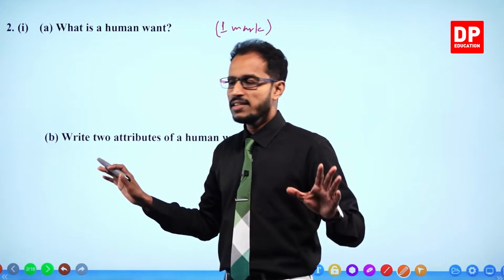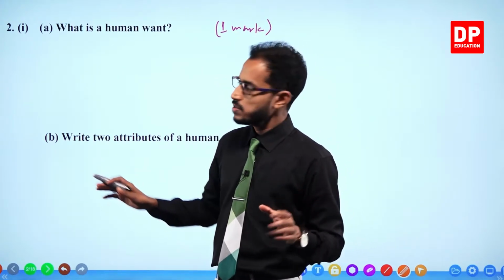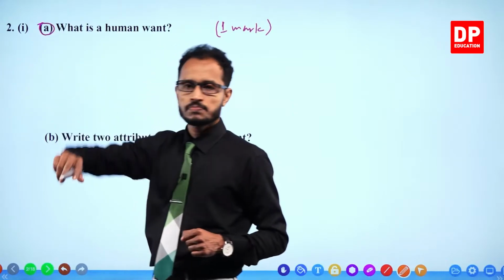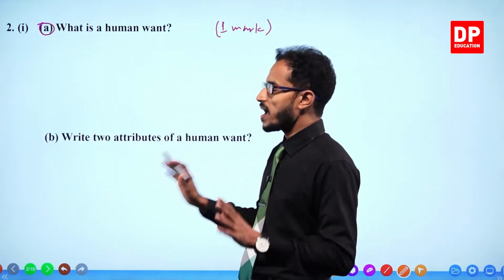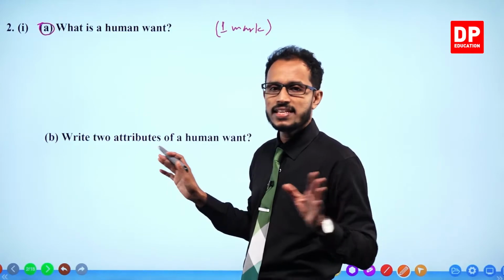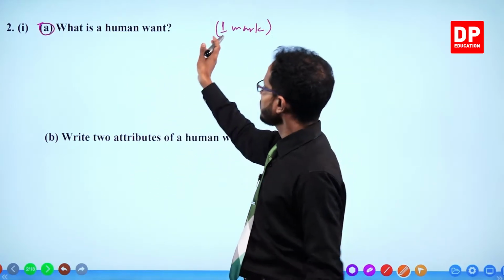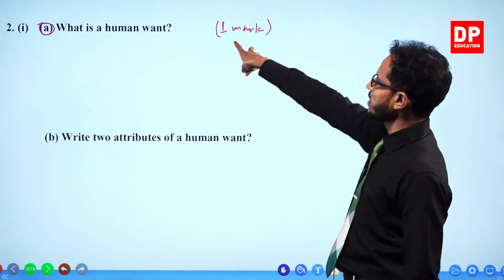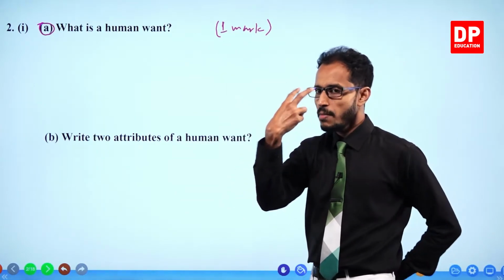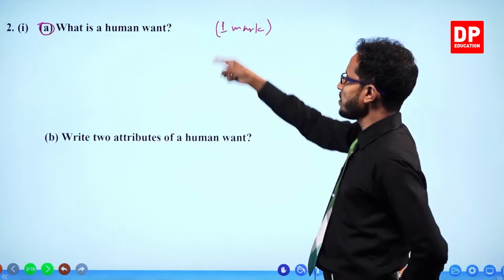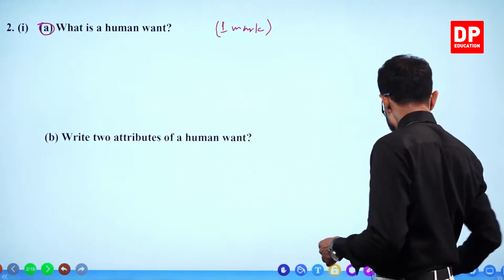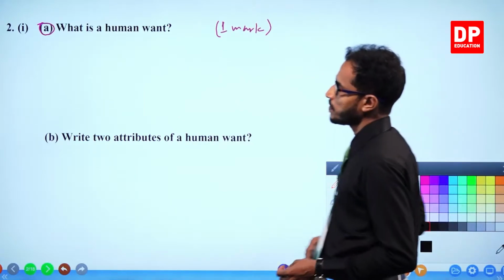What is a human want? Children, just write the definition. Do not write unnecessary lengthy paragraphs for 1 mark. Always keep your eye on the marks allocated for the question. How many marks allocated for the question? 1 mark. Always keep your eye on the marks allocation.